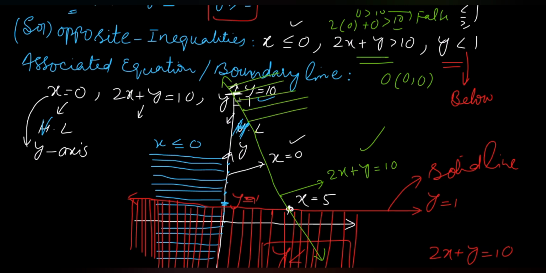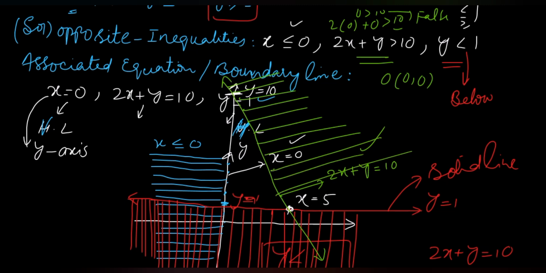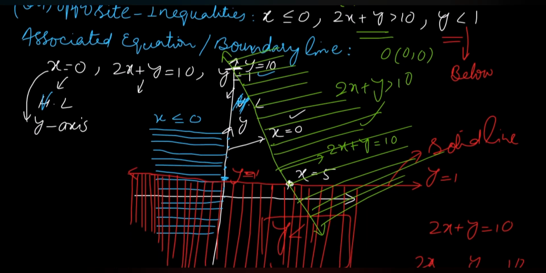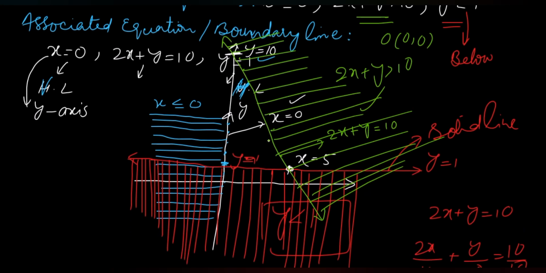So your graph is above the line. This is your graph. This shaded area by the green lines represents the graph of 2x plus y greater than 10 here.